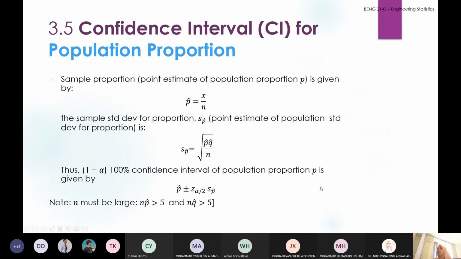If we replicate that procedure in estimating the population proportion, we can also conclude that we need to know whether we should refer to the sample standard deviation for the unknown standard deviation or variance, or we are using the population standard deviation if the variance is given or not.